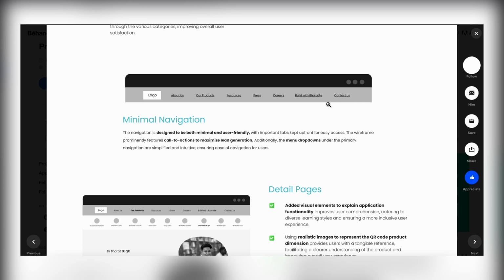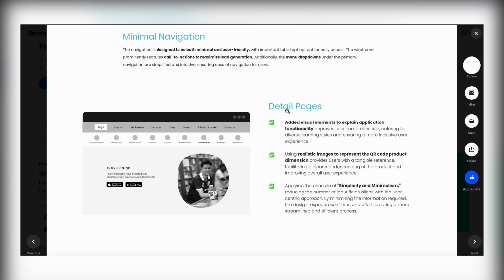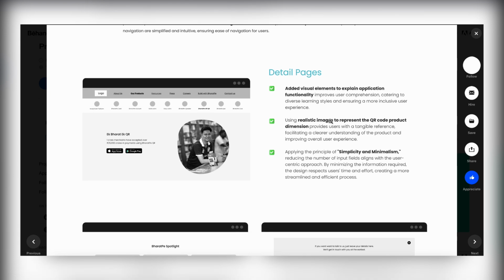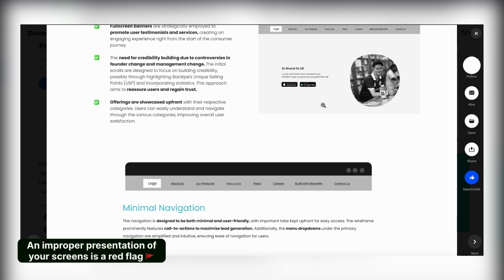If you're showing me a before and after, then that makes sense, because this looks like you have come up with this from scratch. So how do I know if it's more minimal than what it was before? So maybe show before and after. Detail pages, added visual elements to explain application functionality. Okay, but again, these images look the same. This is the same image as over here.